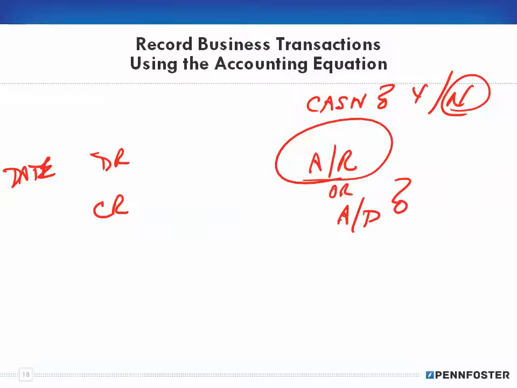If I answer the question on cash with no, and I ask whether this is accounts receivable or accounts payable, and the answer is accounts receivable, then I treat it the exact same way as I did cash.